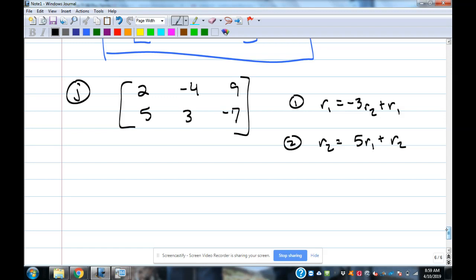The first row. That's the only one that's changing. There's some stuff done with the second row, but you're not changing it. So when I work out number 1, my solution should have 5, 3, -7 still in the second row. I know that's not changing. I just need to find out what row 1 is going to be.